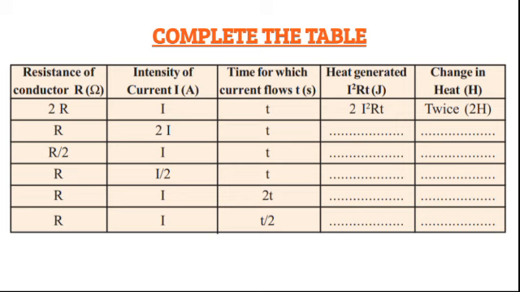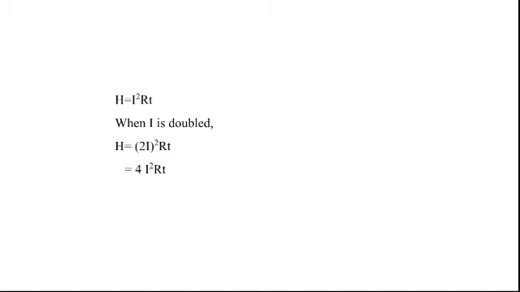Now in the third instance, the R is kept unchanged, whereas the current I is doubled so that it becomes 2I. Time of flow also remains unchanged. What will be the heat generated? We know H equal to I square RT.